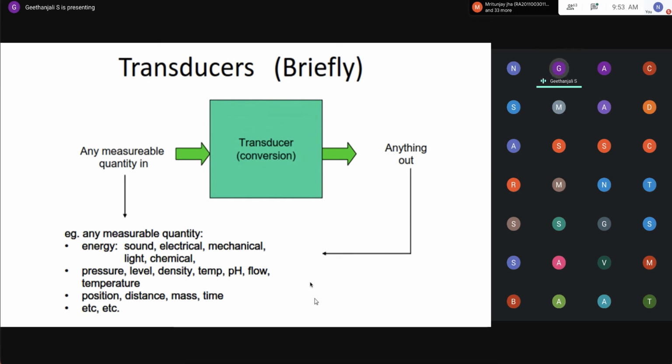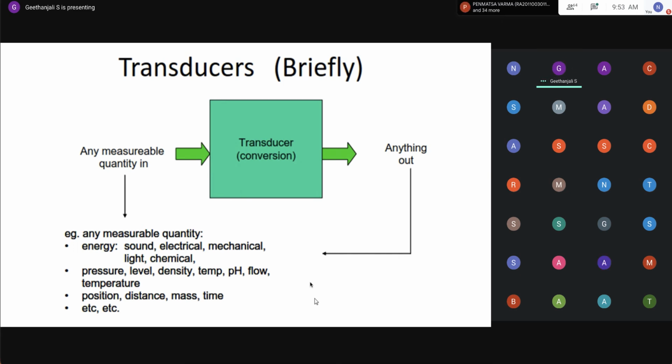It is represented in a square box. Any measurable quantity is given as the input. Then you get the output; the energy transformation happens in the transducer. The conversion takes place in the transducer, and the output can be anything.